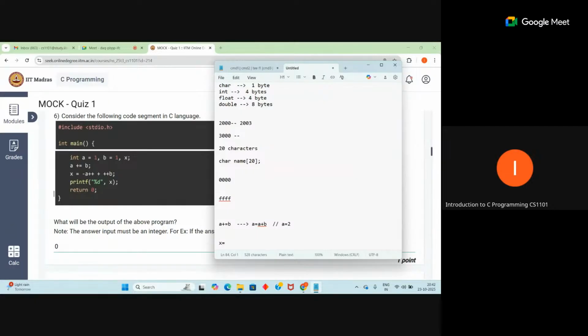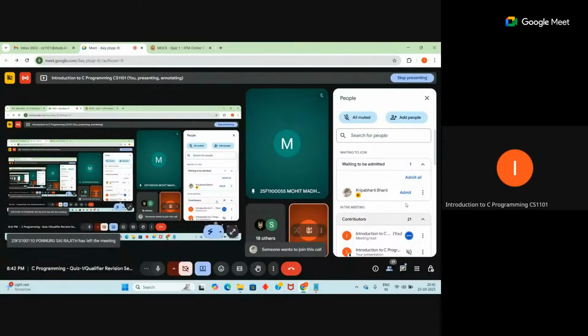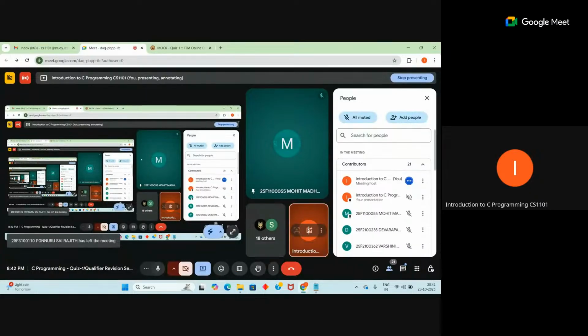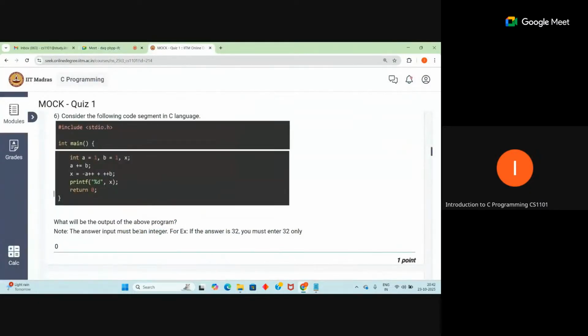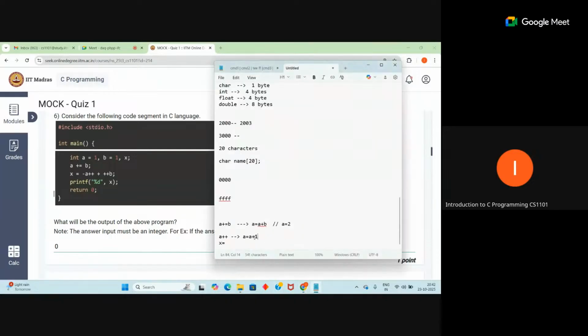So if I say A plus plus, the meaning of this is A equal to A plus 1. Increment your operand by 1 unit.